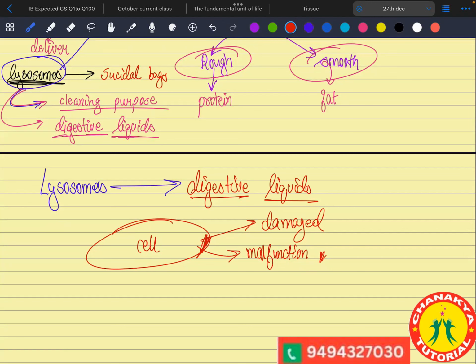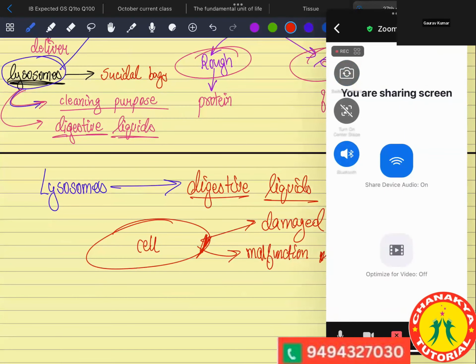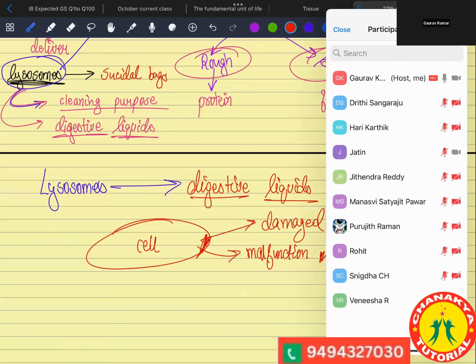Let's take the example of Venetia. Venetia is carrying an acid bag with her, and she is cleaning her home. Let me take my own example instead.